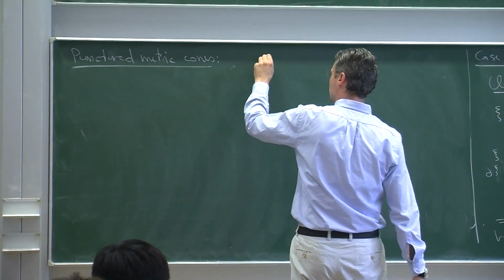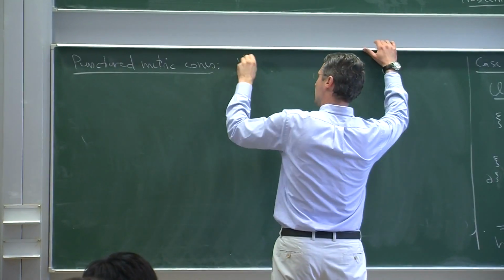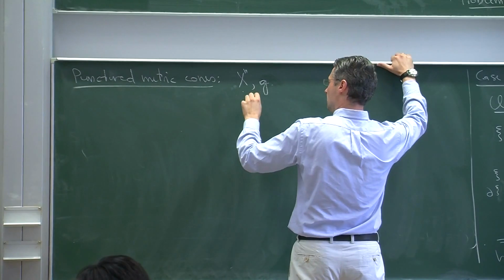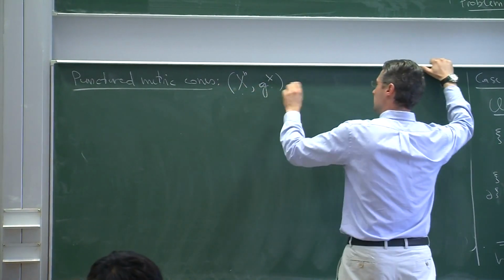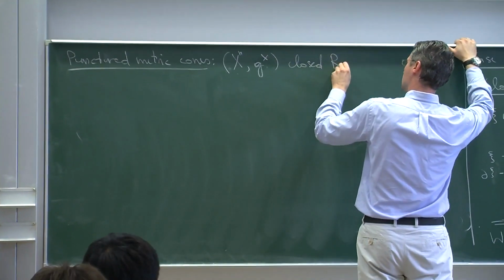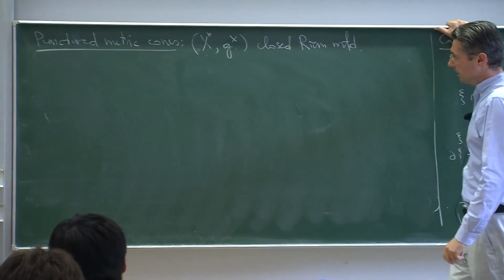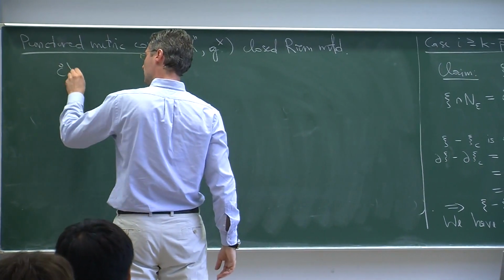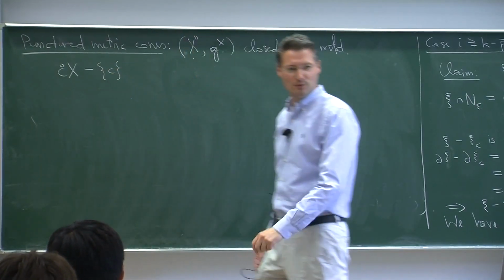So punctured means I take the open, so, okay, let me now say X^n is a compact, in fact, a closed oriented manifold with a metric g_X. So a closed Riemannian manifold, oriented, of course. And you take the open cone on it, but then immediately you remove the singularity. You remove the cone point.